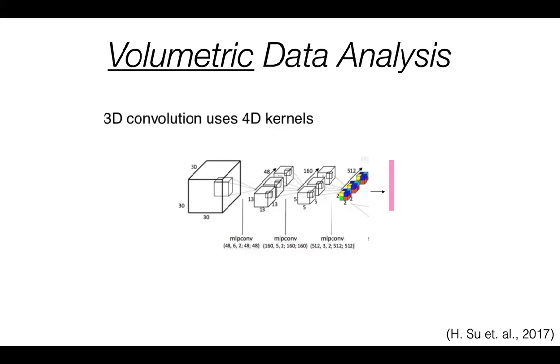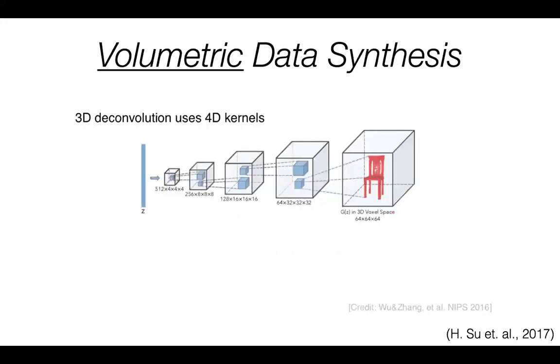If you expand the dimensions, an image of 200 squared would become 200 cubed, so exponential in size and also in terms of computation, right?